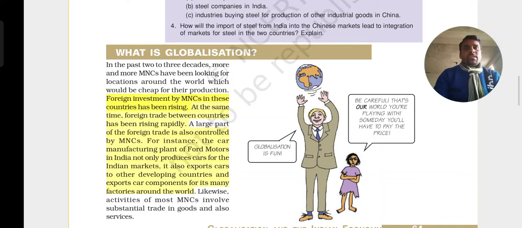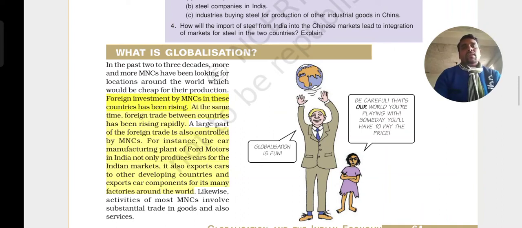To start this topic, you should have some understanding of the previous topics we have discussed. In the past two or three decades, more and more MNCs have been looking for locations around the world that are cheap for production. We already studied how MNCs play a great role.